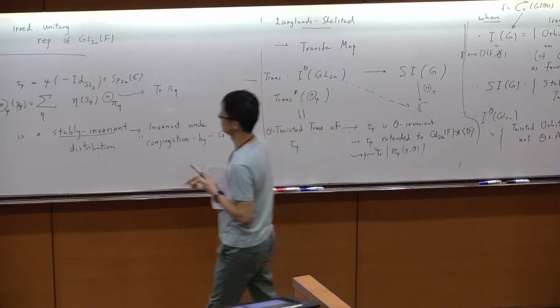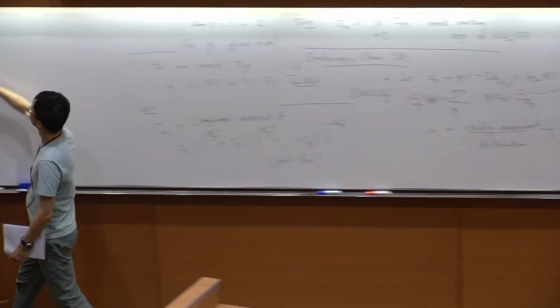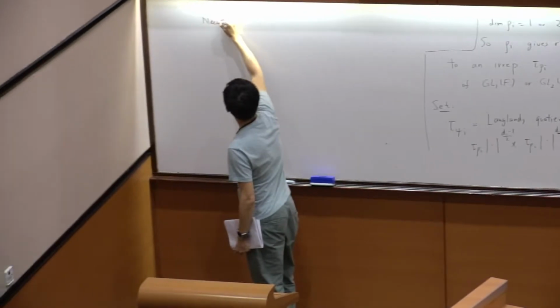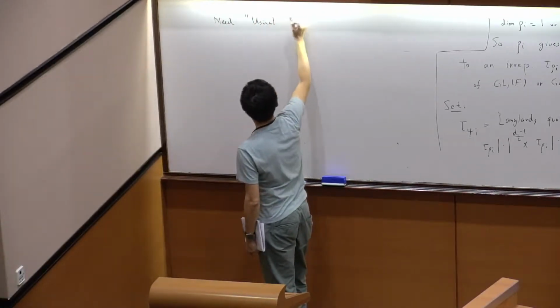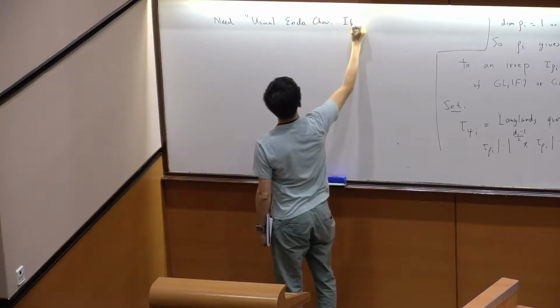So for the other equation, you are going to take, so maybe I write it down. So you also need the so-called usual endoscopic character identities.